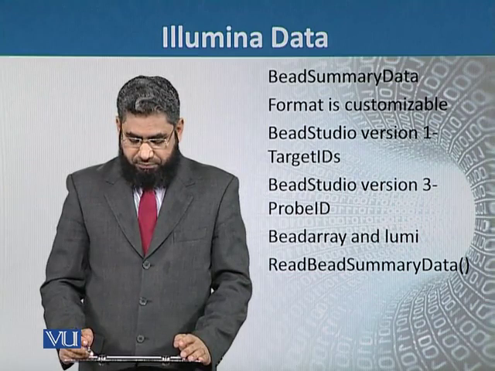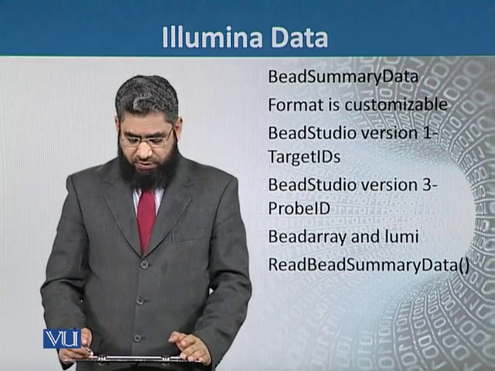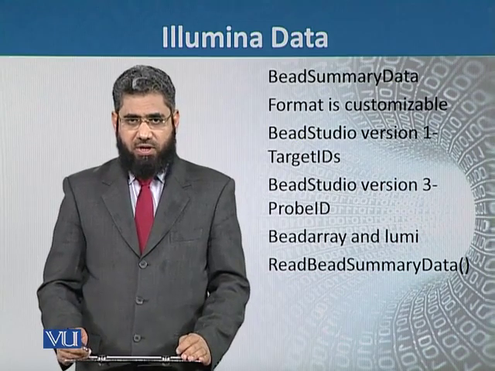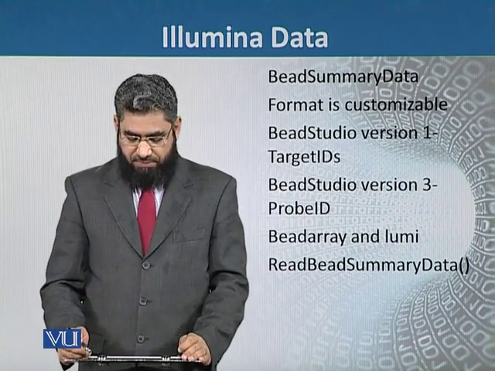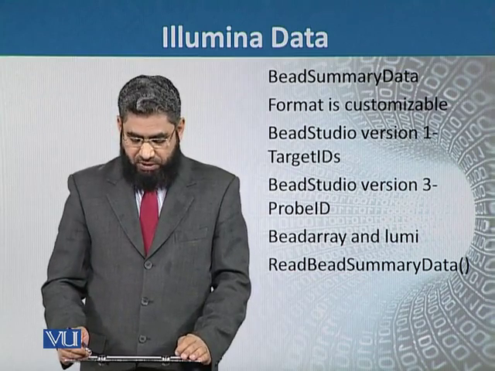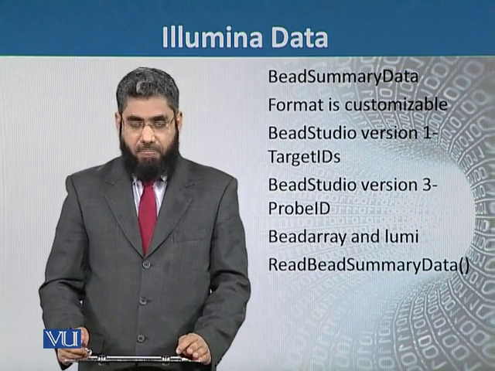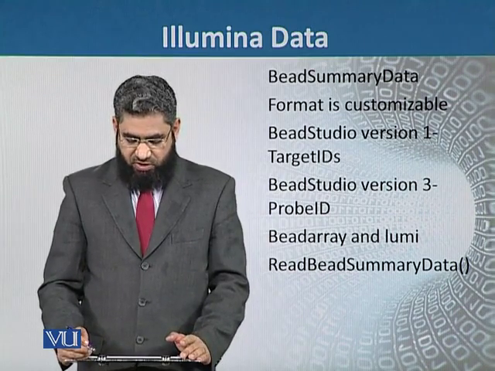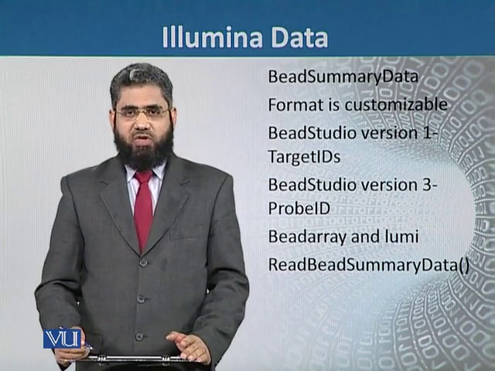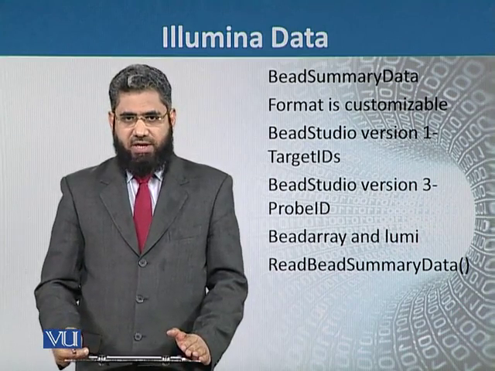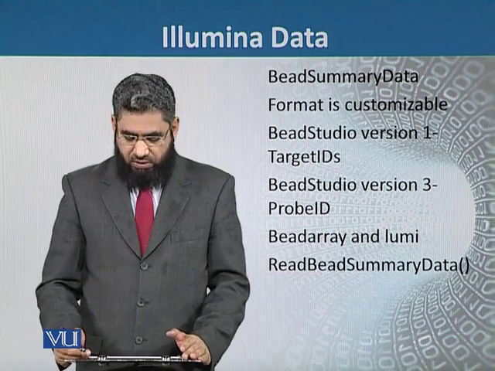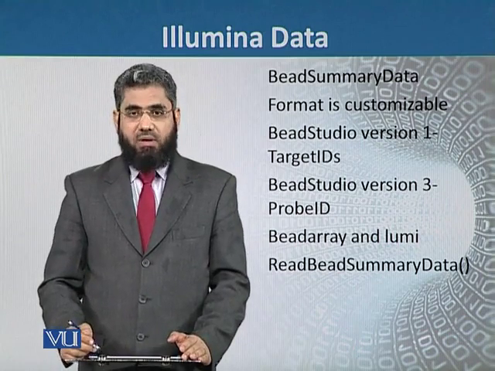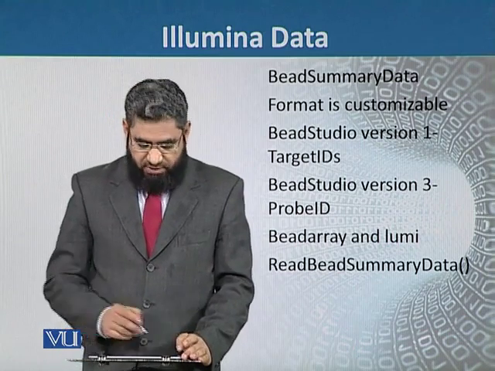And there are two types of data that can be analyzed for the Illumina data, and these two are the beadarray and Illumina. We can use the command present in the R program, read bead summary data, for which we can use the data present in different folders, and we can use this command to analyze the Illumina data.